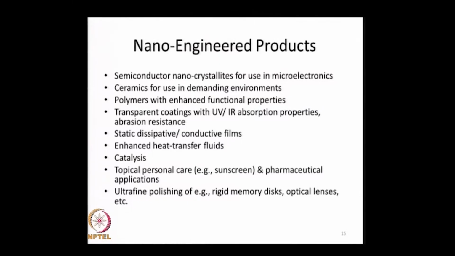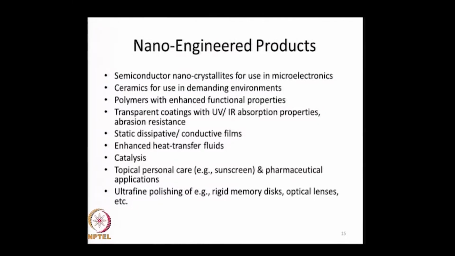Ceramics that are made for use in highly demanding environments in terms of temperature, corrosiveness and so on, now use nanomaterials for improved protection. Polymers are being fabricated with enhanced functional properties, primarily by making composites of them with nanomaterials. Transparent coatings with UV or IR absorption properties, abrasion resistance, all of these are now being commercially manufactured using nanomaterials.